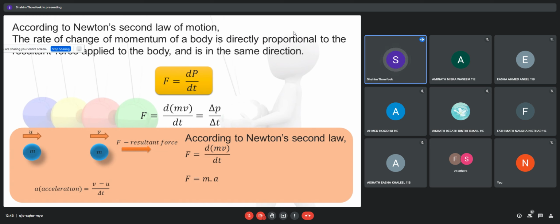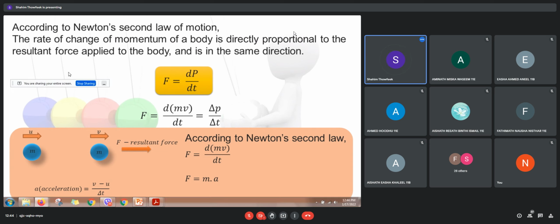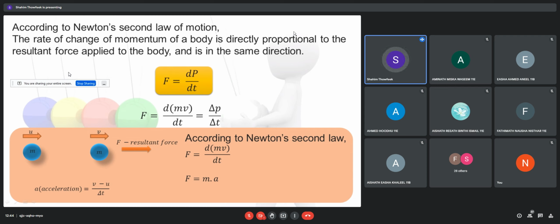While I was deriving Newton's second law, F equals ma, you can remember I used the term momentum. I told you I will teach you later. Now I think all of you can remember the laws, not only the second law, all three laws.